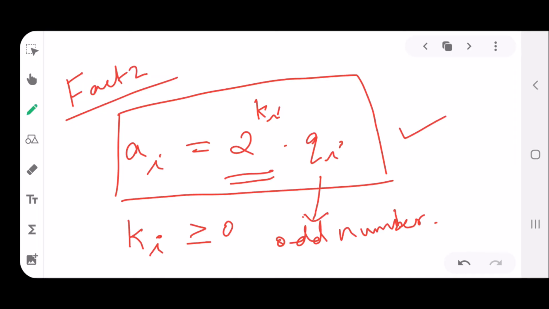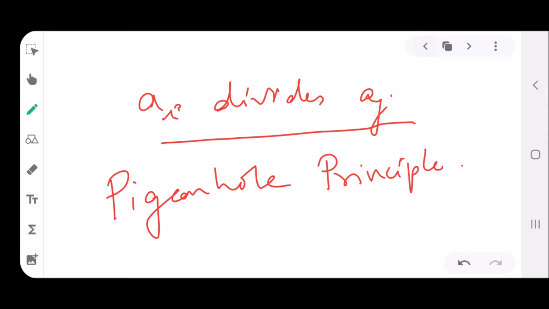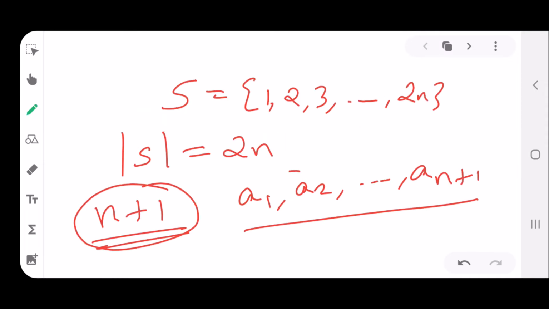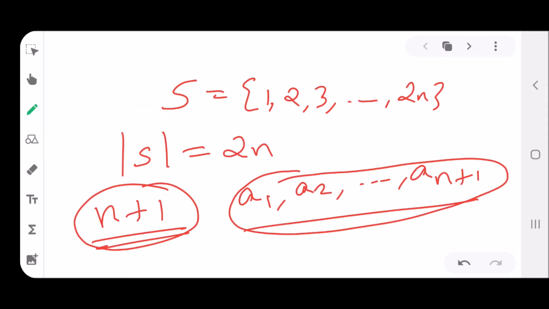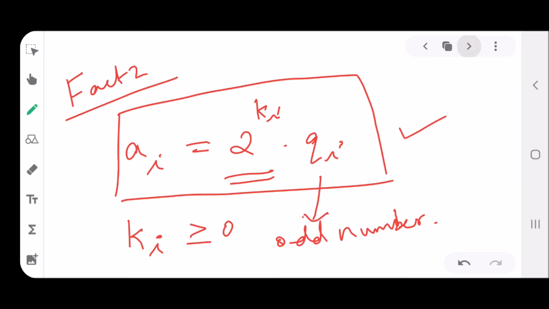So let's suppose that whatever a1 to a_{n+1} we have selected from the set, we write in this form. Since we are using the pigeonhole principle, we have to find what the pigeons are and what the pigeonholes are.